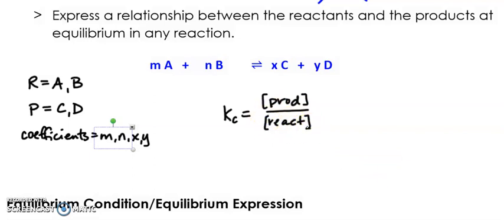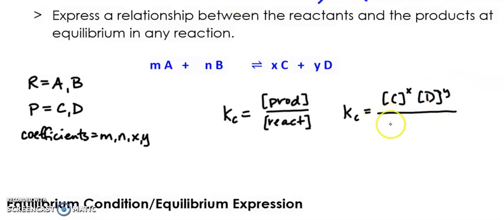Another way to say this, more specifically, is that if we have our reaction here, it would be our concentration of C to the X power times concentration of D to the Y power, all divided by our concentration of A to the M power and B to the N power.